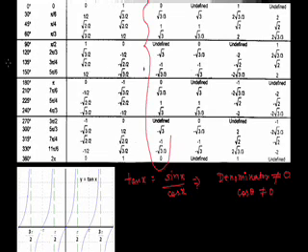This was the table of cos theta. If you remember, this is the table of cos theta. Here you can see that cos theta is 0 at this point and this point, which is pi by 2 and 3 pi by 2.